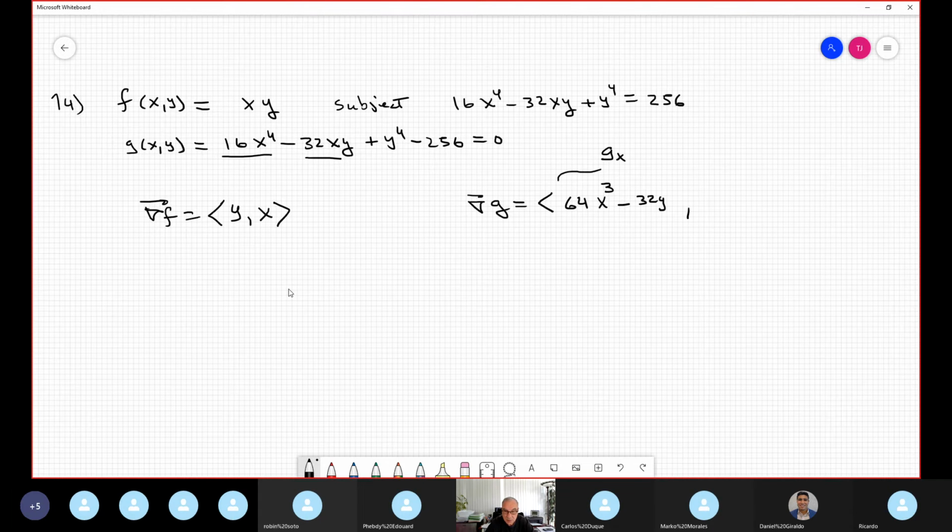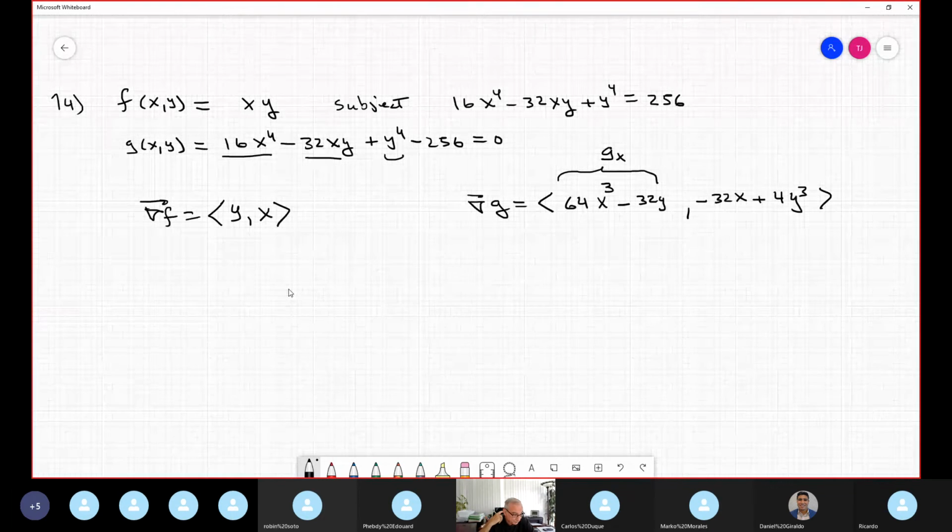Now gy is the derivative with respect to y: minus 32x plus 4y cubed. The derivative of this with respect to y is 4y cubed, and the derivative of the other is 0. This is my gradient. Super.